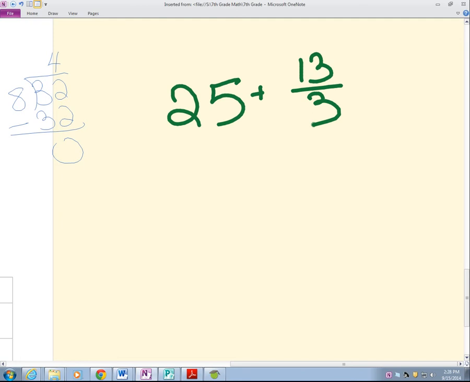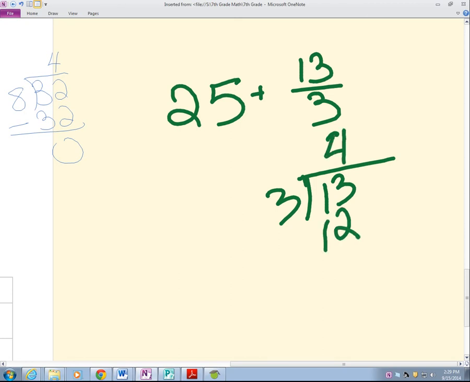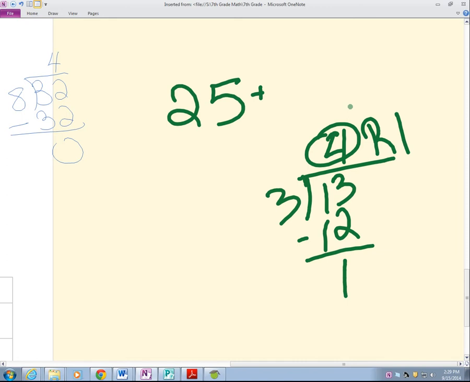And as I said just over here, what this 13/3 means is 13 divided by 3. This goes in there 4 times. 4 times 3 is 12. Minus, there's a remainder of 1. So it becomes plus 4, remainder 1/3.